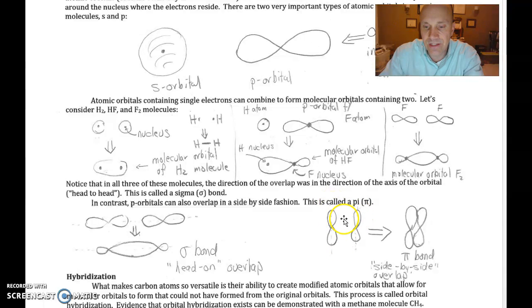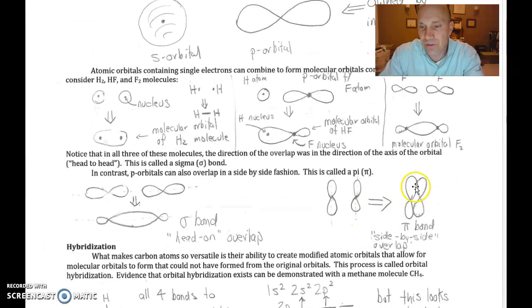If these things get close enough to each other, you can start to get a little bit of side-by-side overlap where the lobes of these things kind of start to merge together. It's kind of hard to draw this. A lot of times you see it as a smearing of electrons between these lobes right here. So for right now, just realize that it's going to be a side-by-side overlap.